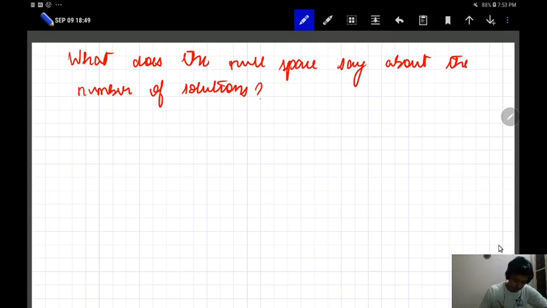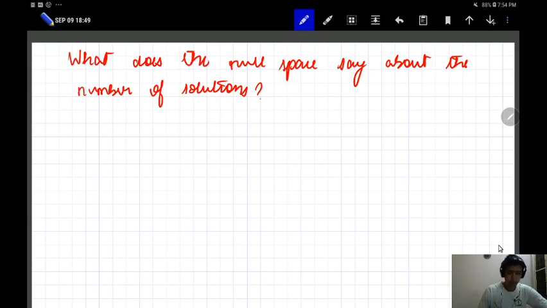And why is that the case? Obviously note that the null space is always non-empty, because the zero vector is always in the null space, right?